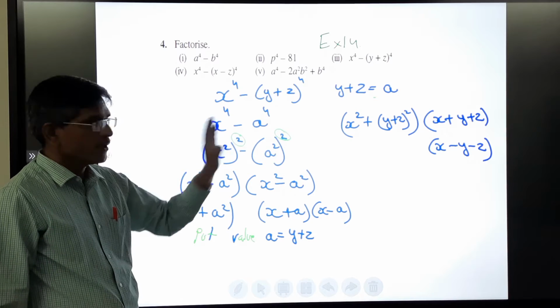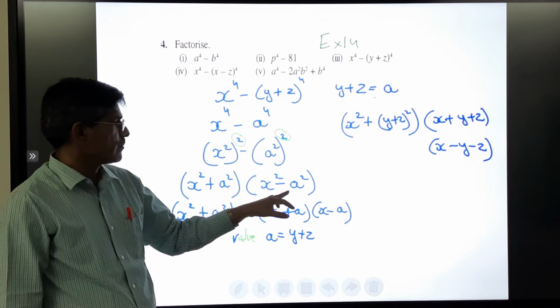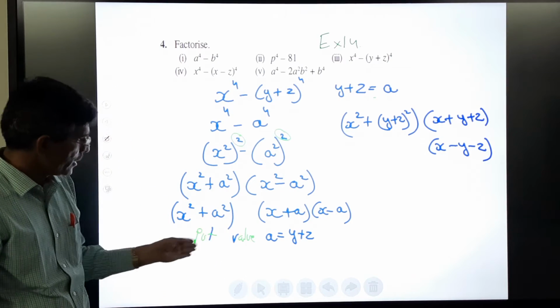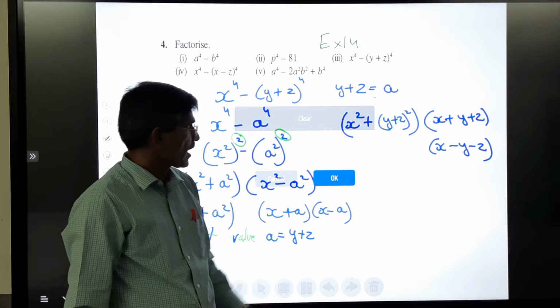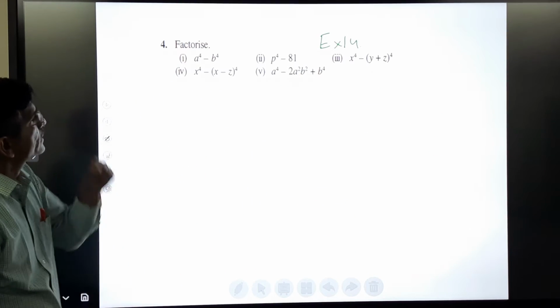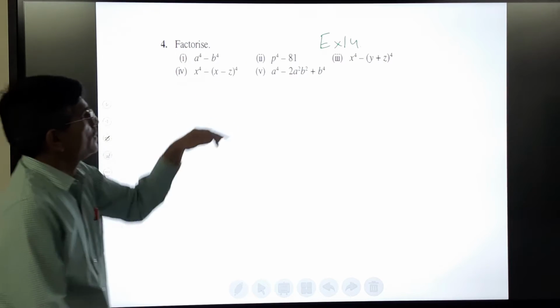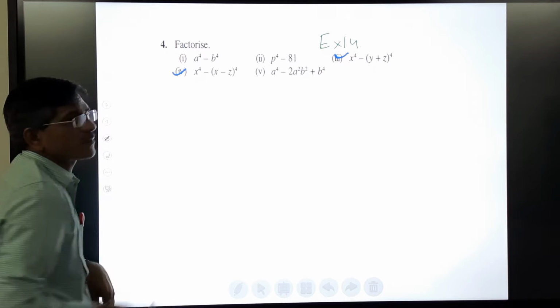So outside power we have to remove it. So x square plus a square, x square minus a square. Again split into the 2. I think you have to write this in proper way. Now third and fourth both are same, if you will see properly.